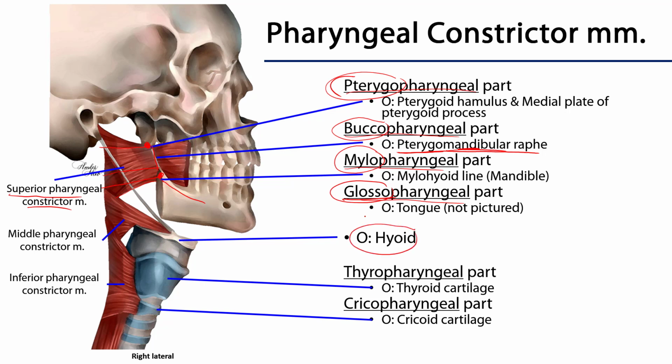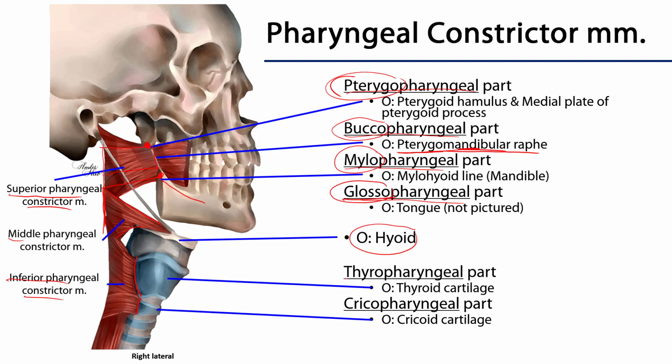The middle pharyngeal constrictor originates from the hyoid, and then it goes back to the pharyngeal raphe. So there's the middle pharyngeal constrictor. And then the inferior pharyngeal constrictor has 2 origins. There's the thyroid cartilage part and the cricoid cartilage part.